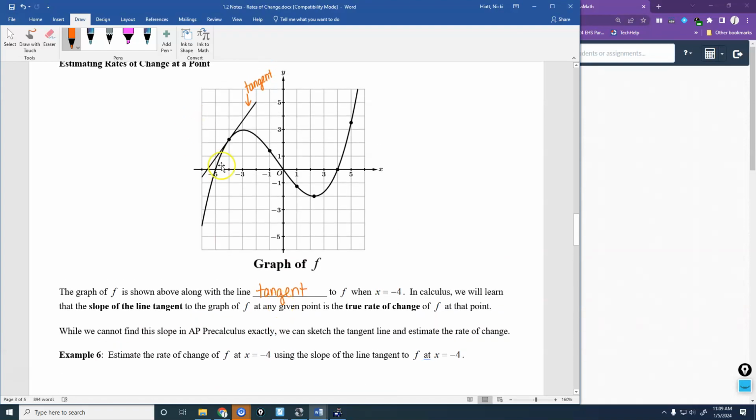So if we are estimating the rate of change at x equals -4, we can use this line that they've drawn in for us, and the slope of that line would be our rate of change at that point. So who can tell me the slope of that line? What would it be? I like to find my next point. It's close on grid lines.